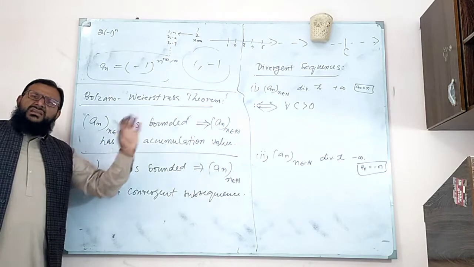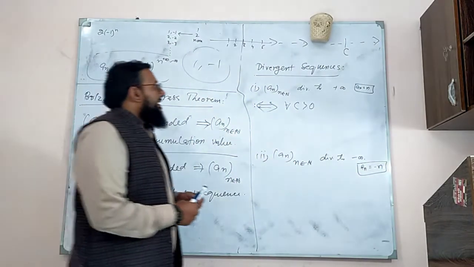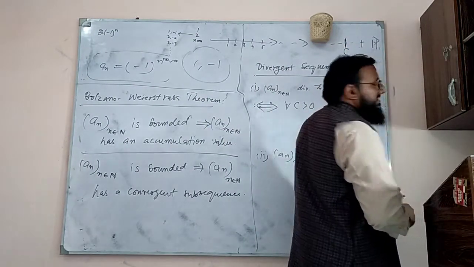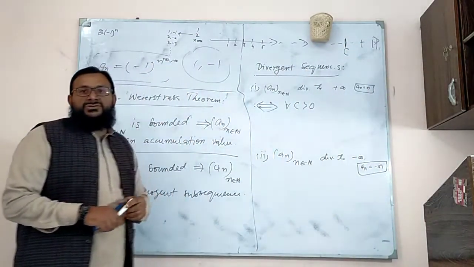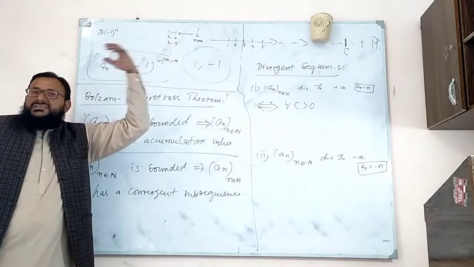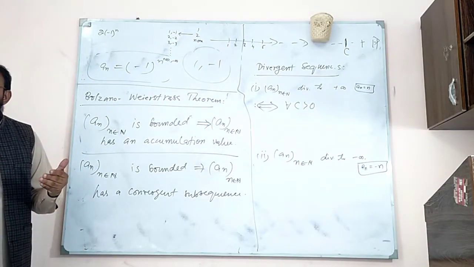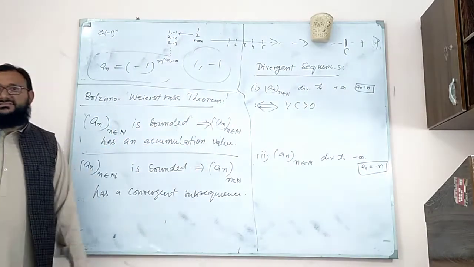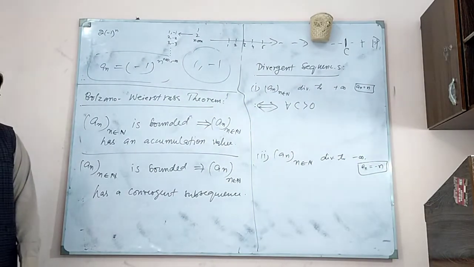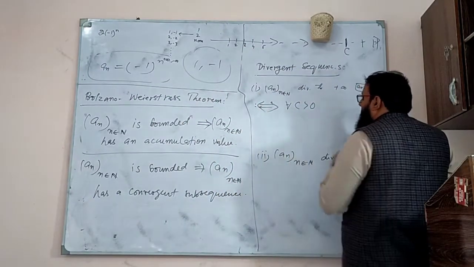Like you give me 1 billion, 1 trillion. After this, there would be some terms of my sequence beyond it. You give me the value of C to be in trillions and quadrillions and zillions, and the terms of my sequence will be even beyond that. I call this divergence to plus infinity. So I tell you, give me any positive number, very very large.